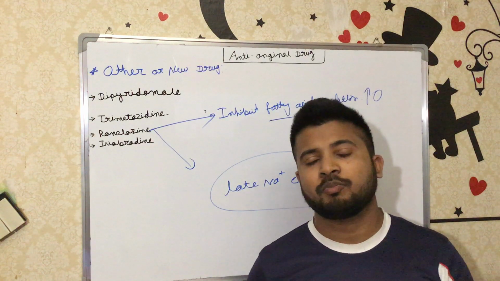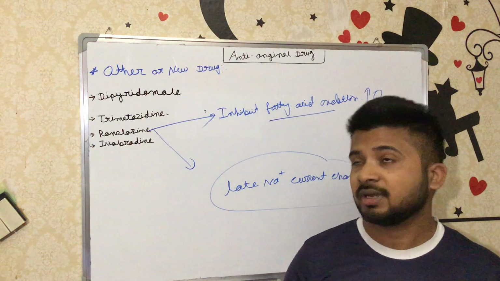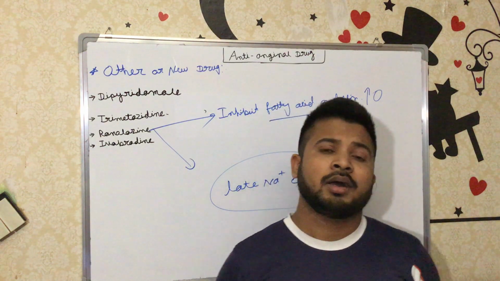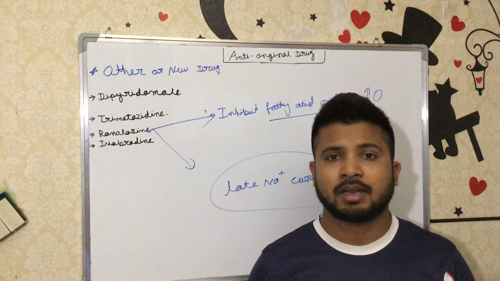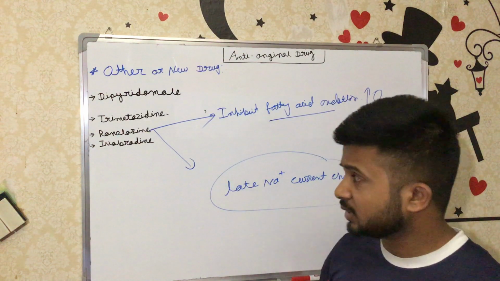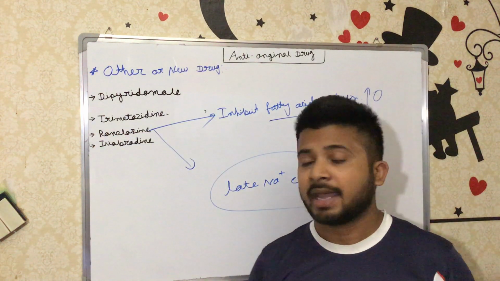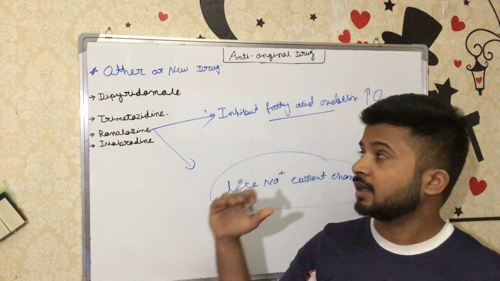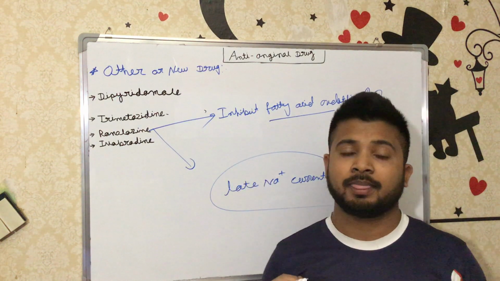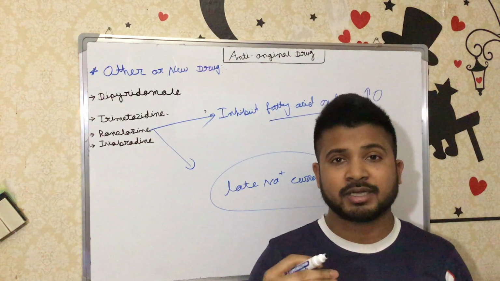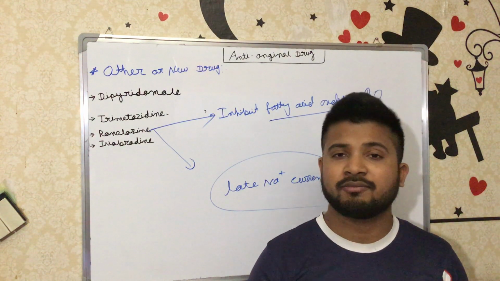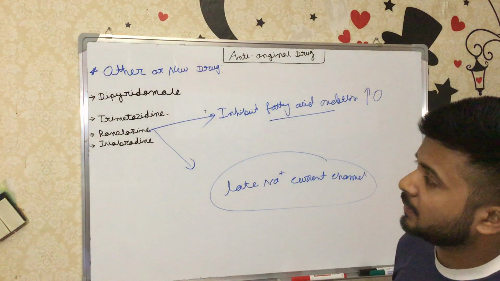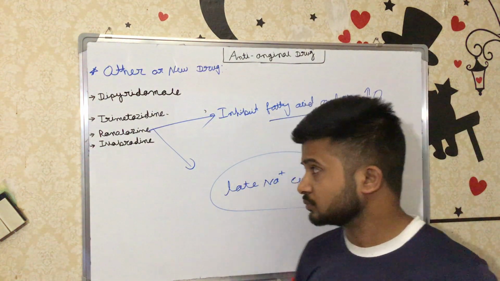So in patients who suffer from diabetes mellitus as well as angina and some other cardiac diseases, like hypertensive patients, if we use trimetazidine and ranolazine, it will be very helpful, because on one side it reduces the cardiac problem, and on the other side it also reduces the glucose level. That's why these two drugs are typical for those types of persons.